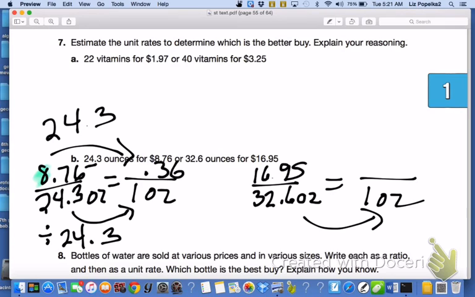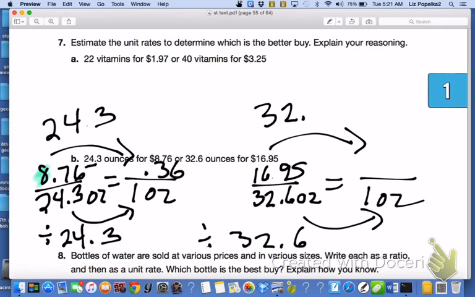I'm going to scale down by doing 32.6 divided by 32.6. So I'm going to scale down, which means I'm going to scale down up here. So 16.95 divided by 32.6 means it's going to be around 0.519.